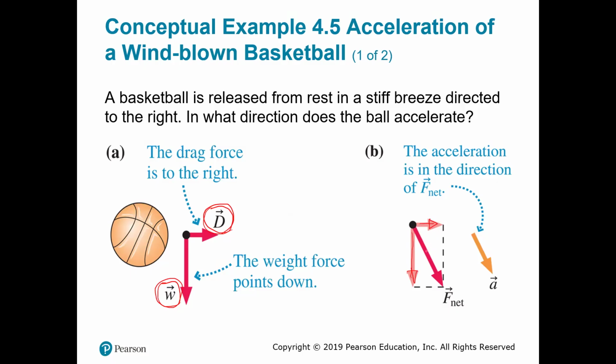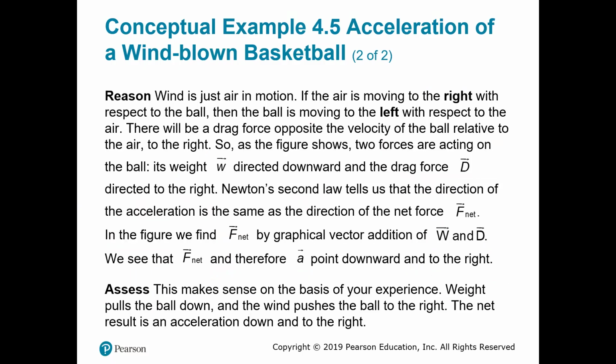Graphically, this is your vector F net. And then what is the direction of the ball's acceleration? You see the F net vector is the a vector times m, right? So that means a and F have the same direction, so to the southeast, right?